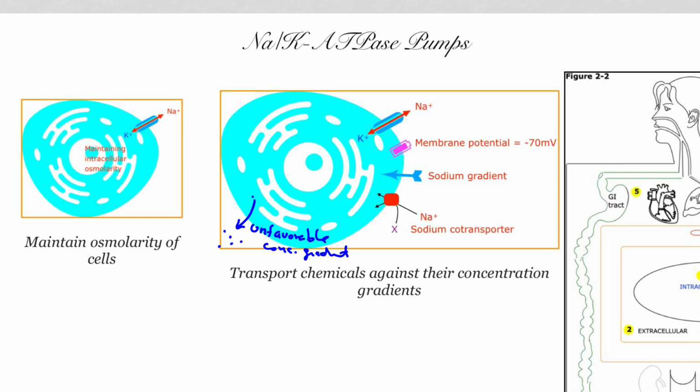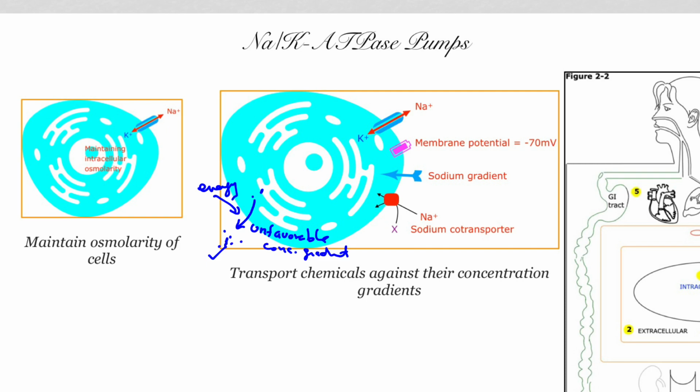That cannot happen unless there is energy available to drive this process. So movement of a chemical from lower concentration to higher concentration, that is against its concentration gradient, or what we call the unfavorable concentration gradient, requires energy. Chemical pumps actually use ATP energy to carry out such transport of chemicals across cells.